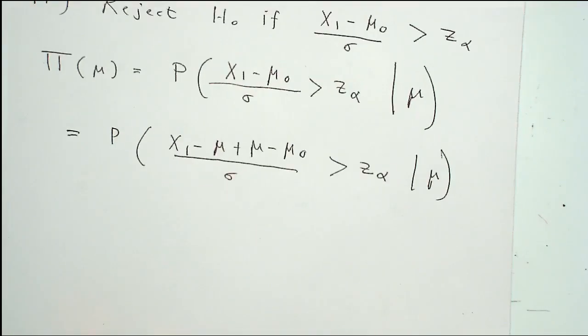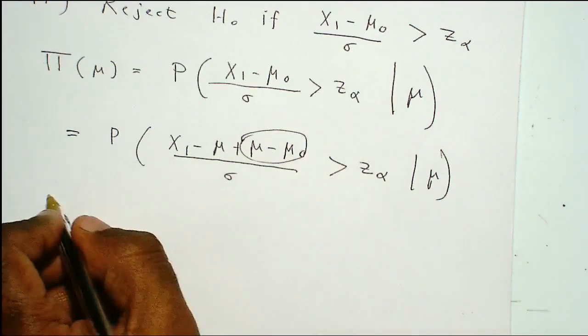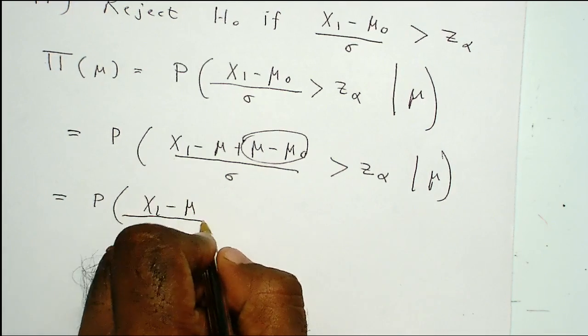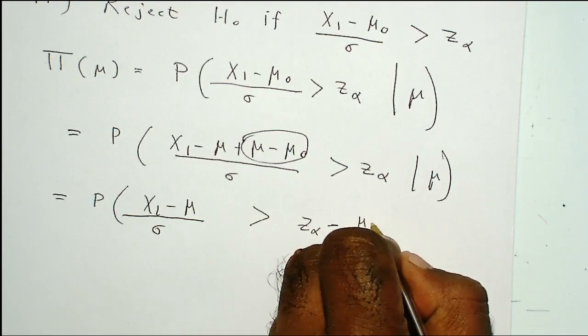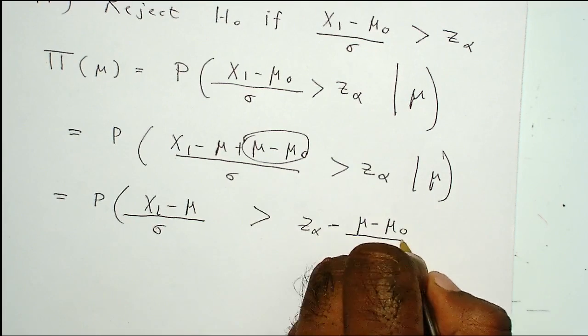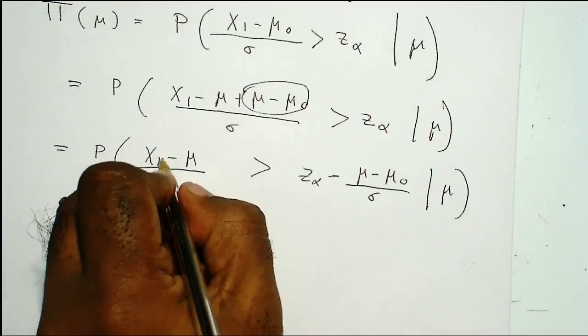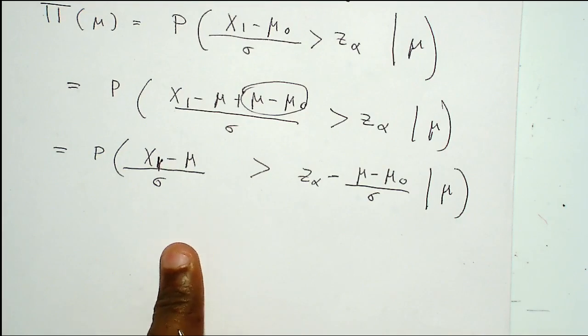Then group these together and take them to the right hand side. Now one more time, the distribution of x1 minus mu divided by sigma.